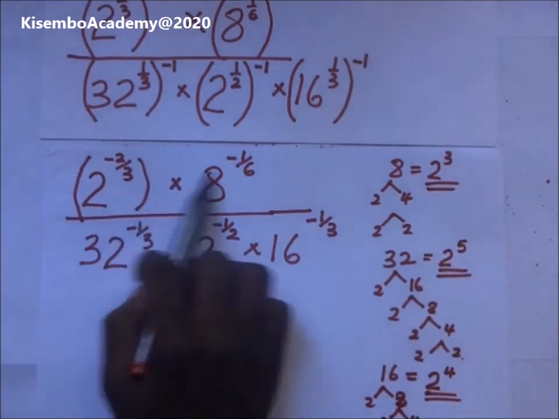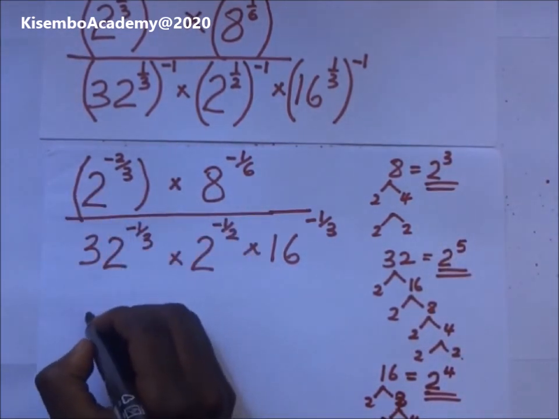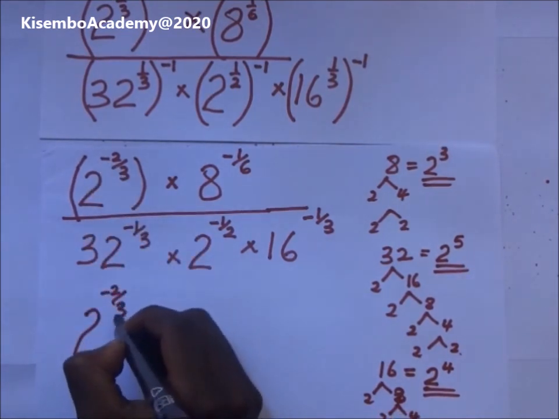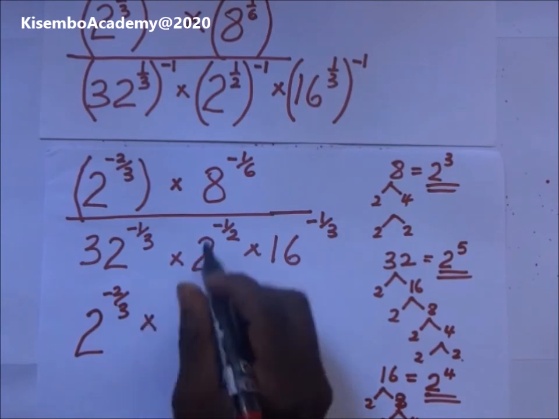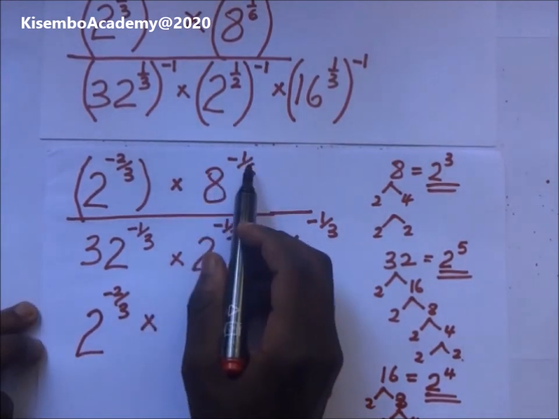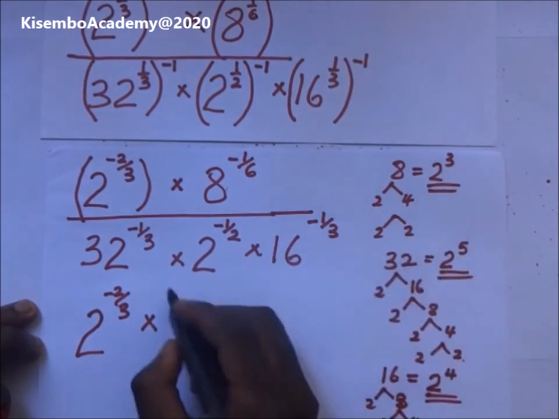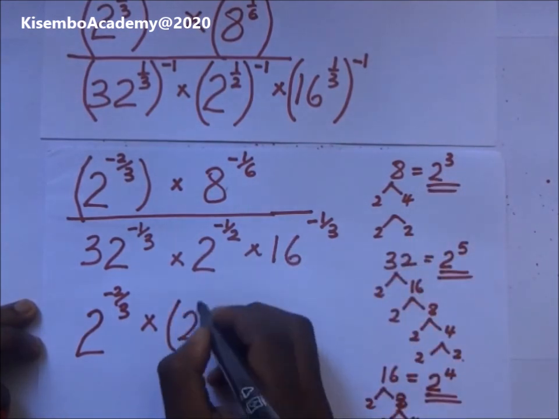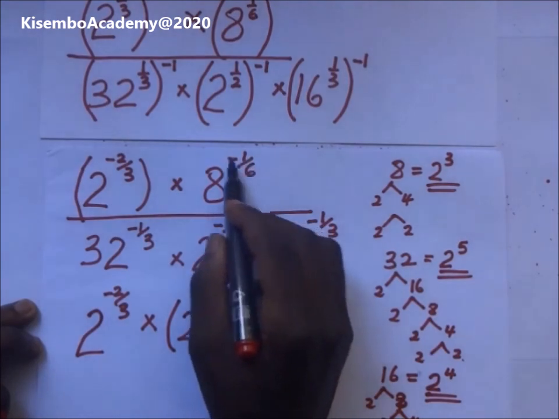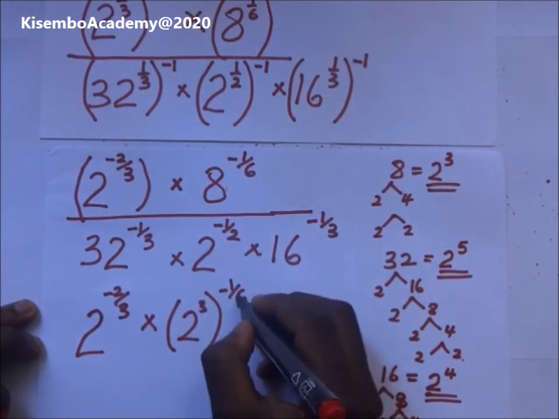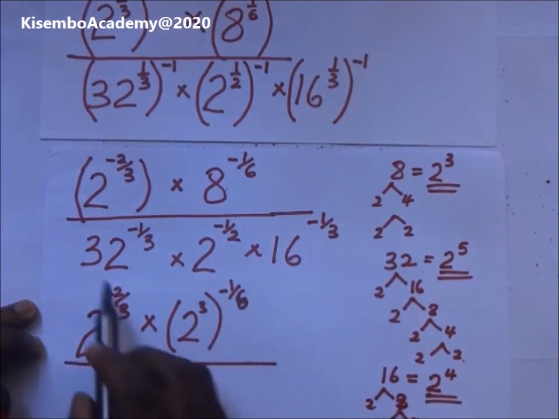So if you look at this, this is going to become 2 to the power negative 2 thirds. Multiply that by 8 to the power negative 1 over 6. Now this 8 is being converted to 2 to the power 3, so it is going to be 2 to the power 3, all to the power negative 1 over 6. Divide all that by 32.